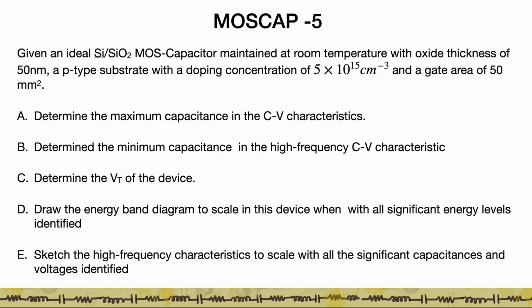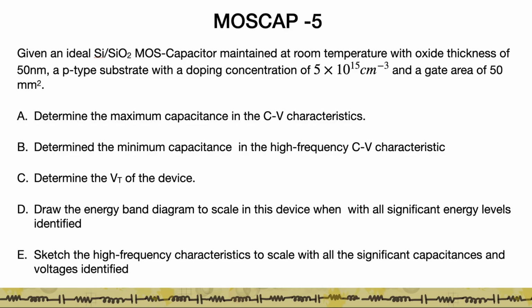Determine the maximum capacitance in the CV characteristics. 2. Determine the minimum capacitance in the high frequency CV characteristic. 3. Determine the VT of the device. 4. Draw the energy band diagram. And 5. Sketch the high frequency characteristics to scale with significant capacitances and the voltages identified.